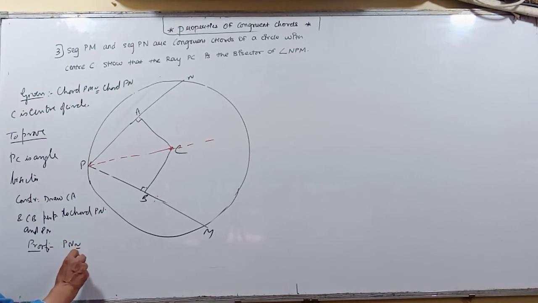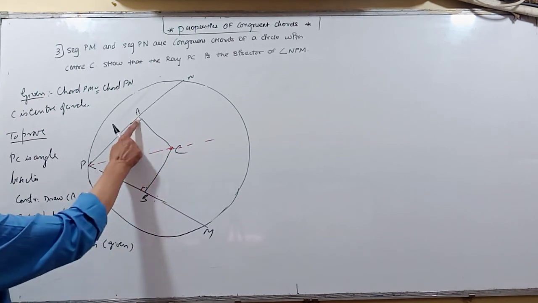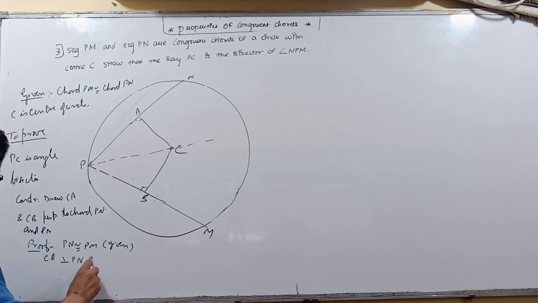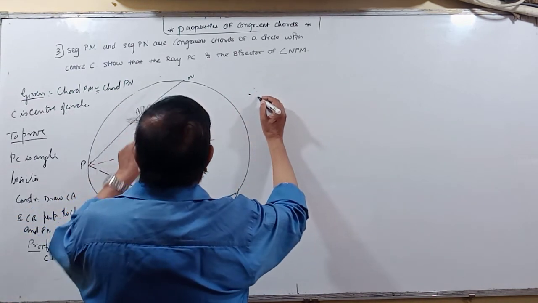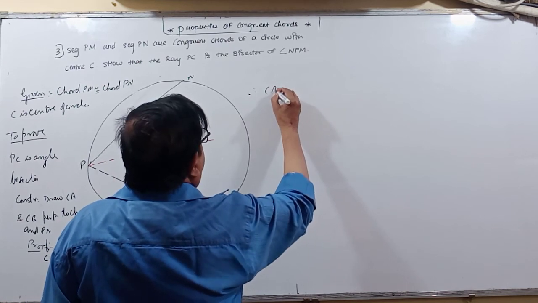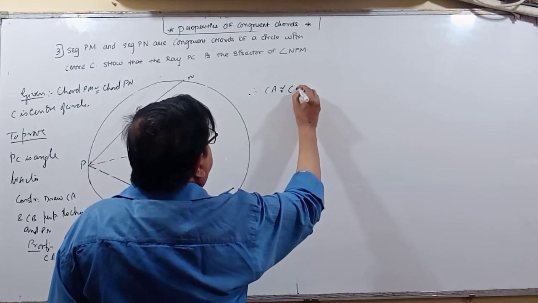PN congruent to PM, given. CA perpendicular to PN and CB perpendicular to PM. Therefore, CA congruent to CB.